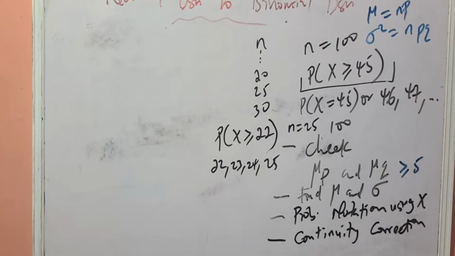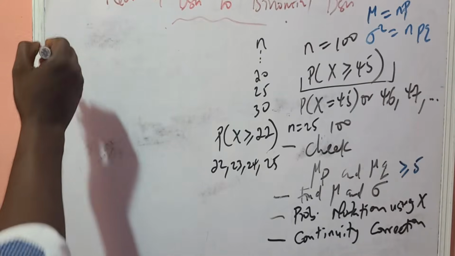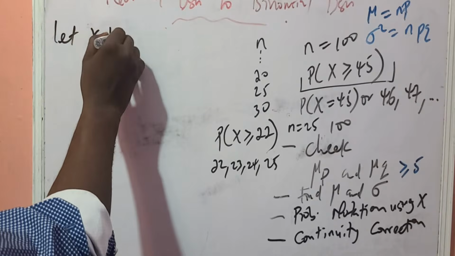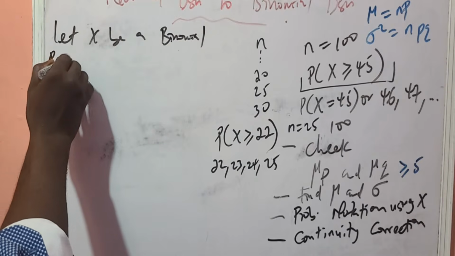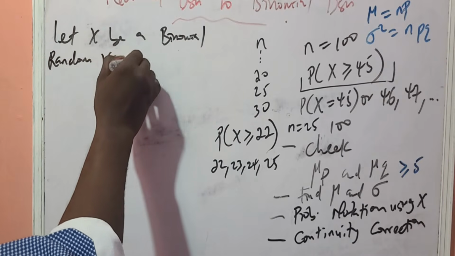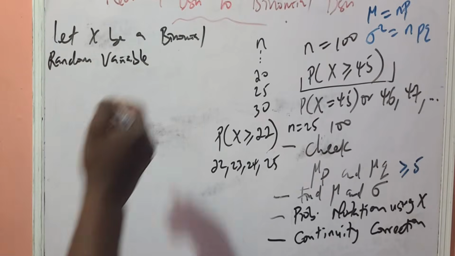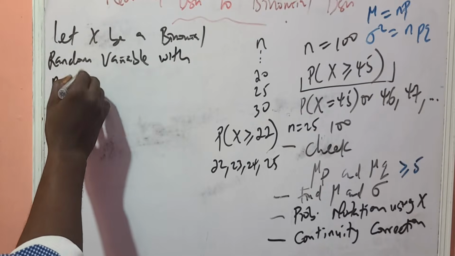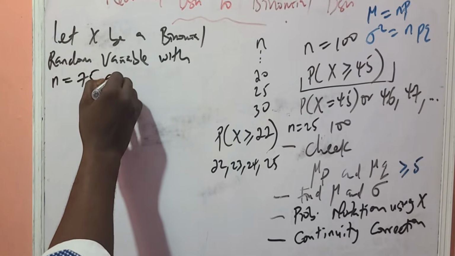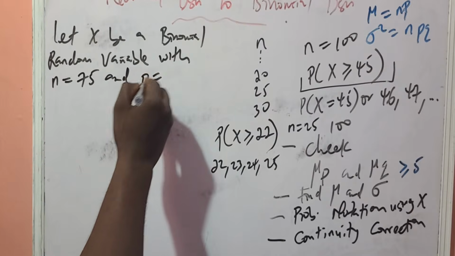So we look at this question, and the question says, let x be a binomial random variable with the sample size, the number of trials n, being equal to 75, and the probability of success p equal to 0.6.